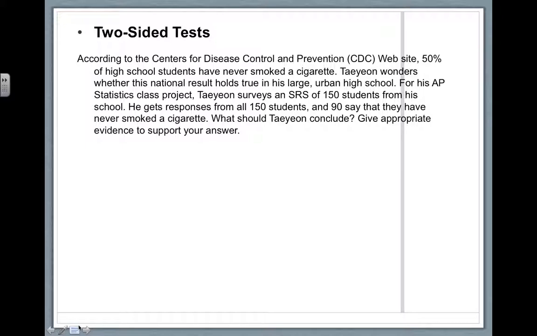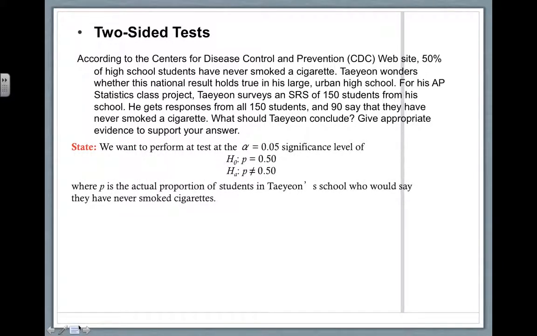For his AP Stats class project, Tyon surveys an SRS of 150 students from his school. He gets responses from 150 students, and 90 say that they have never smoked a cigarette. What should he conclude?